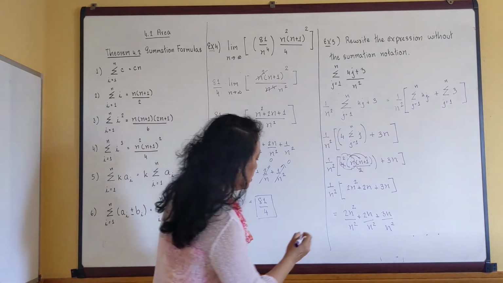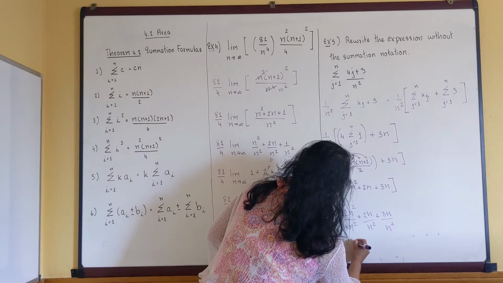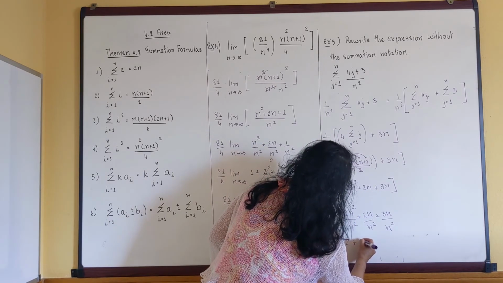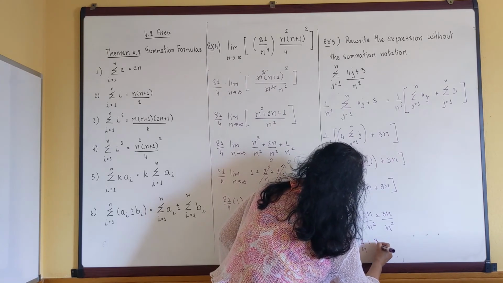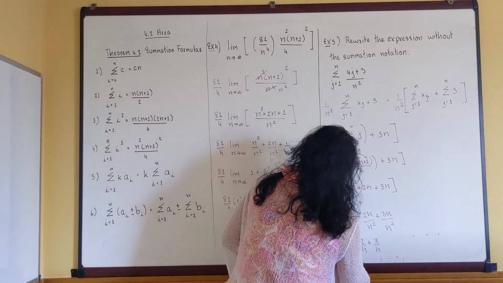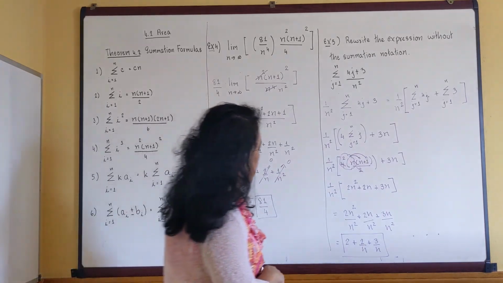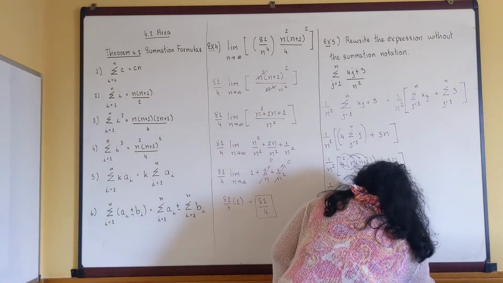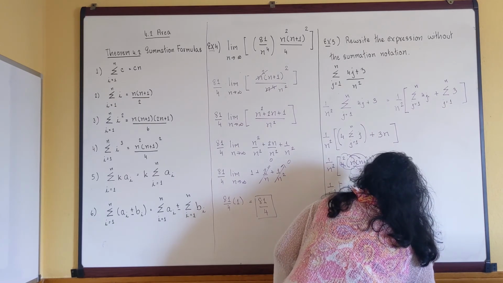The first term is just going to be 2, plus 2 over n plus 3 over n. You can leave your answer as these three terms, or I did simplify it. It's going to be 2 plus 5 over n.